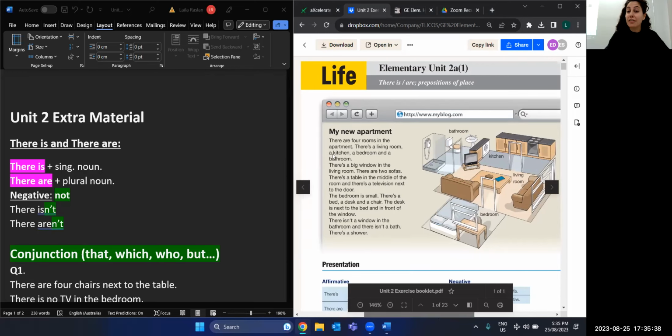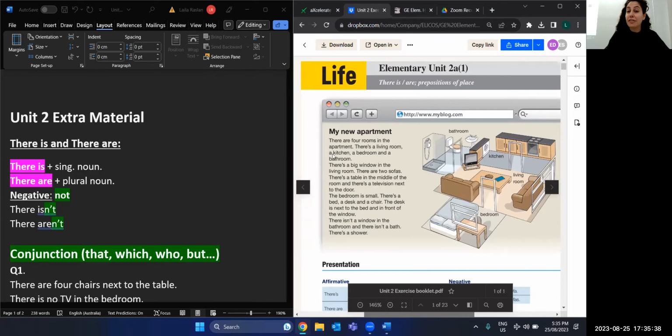There's a shower. So you can see we use there is or there are to show someone what we have in a place, in a country, in a restaurant, cafe, whatever, in a place. And if it's the negative, we say there is for a singular noun or object, and there are for plural nouns or objects.